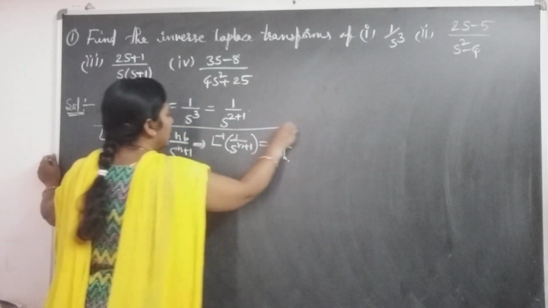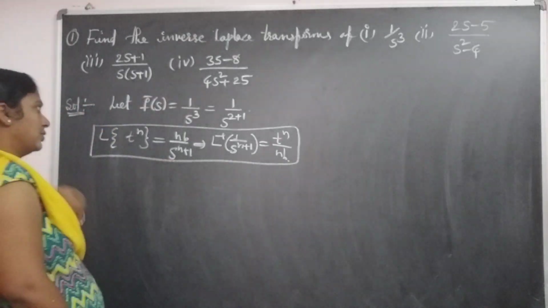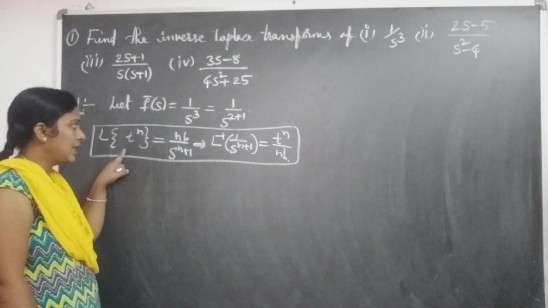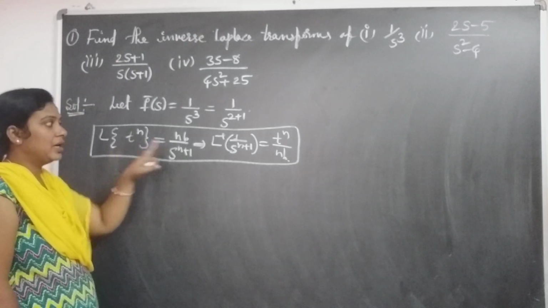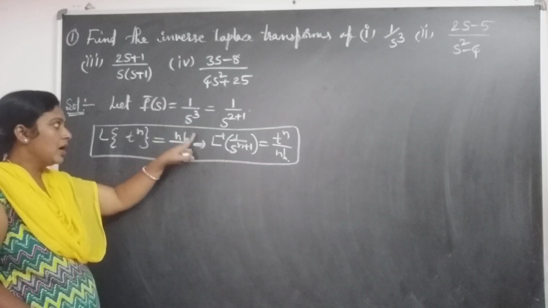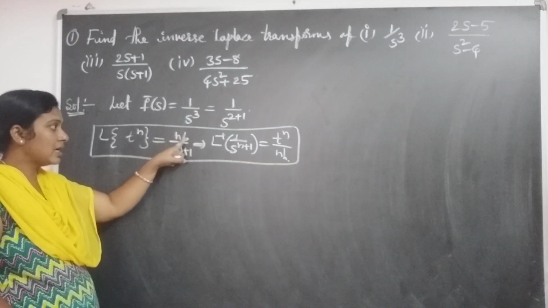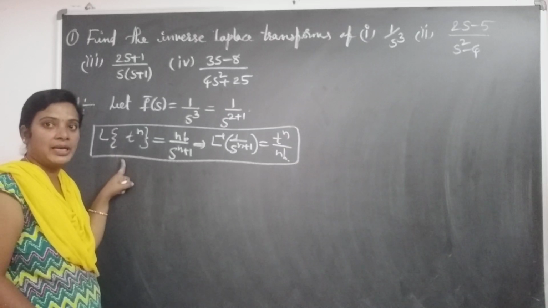This is the Laplace transform and inverse Laplace transform relation. If you remember the Laplace transform, from that we can easily find the inverse Laplace transform. Whatever constants are there, those constants are taken to the function of t side.